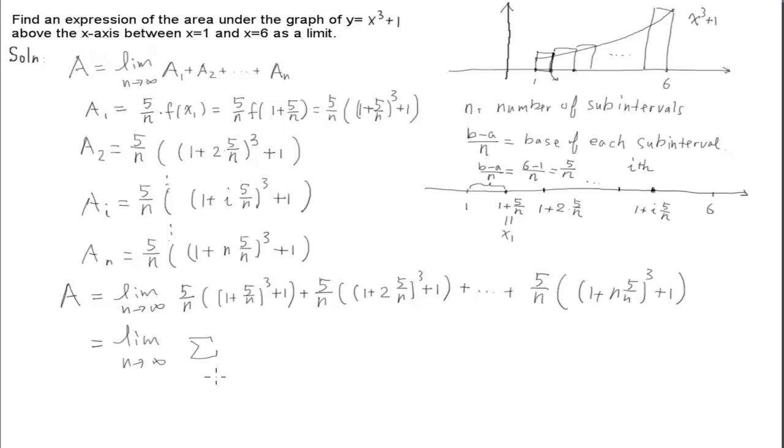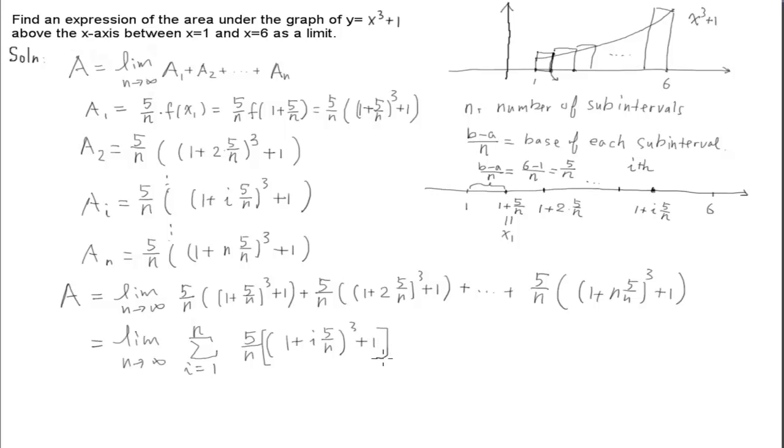This sum over here is the same as this one. i goes from 1 to n, right? And then we have 5 over n and 1 plus i times 5 over n, cubed, right? And then plus 1.